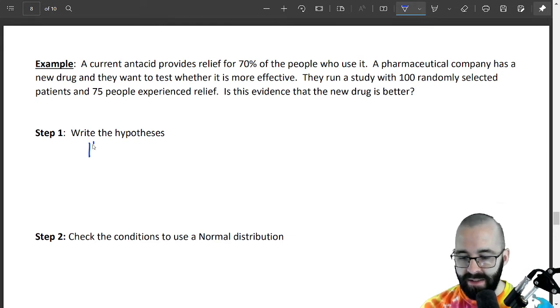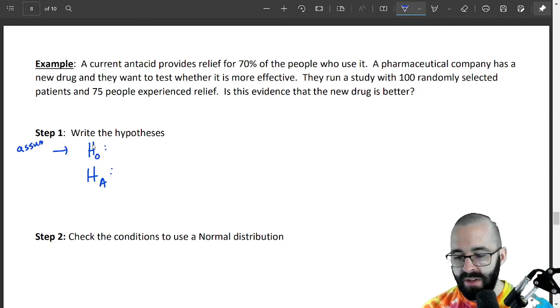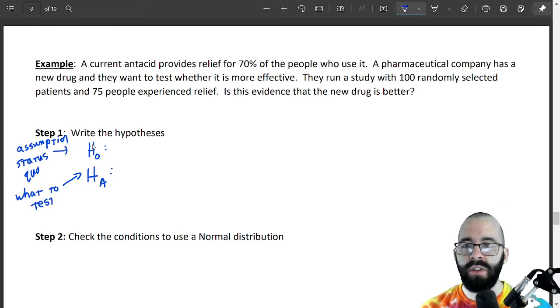The hypotheses. We have the null hypothesis and the alternative hypothesis. The null is the assumption or status quo. And the alternative hypothesis is what we want to test. So let's look at this. What's the status quo? The status quo is the old drug, right?